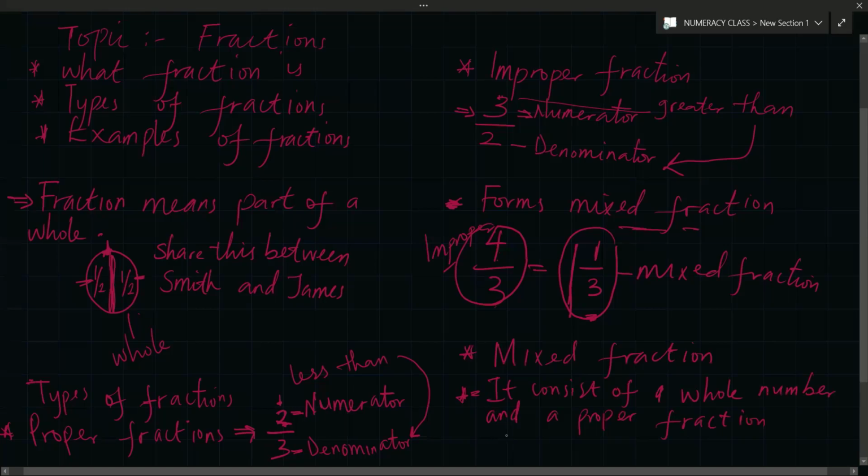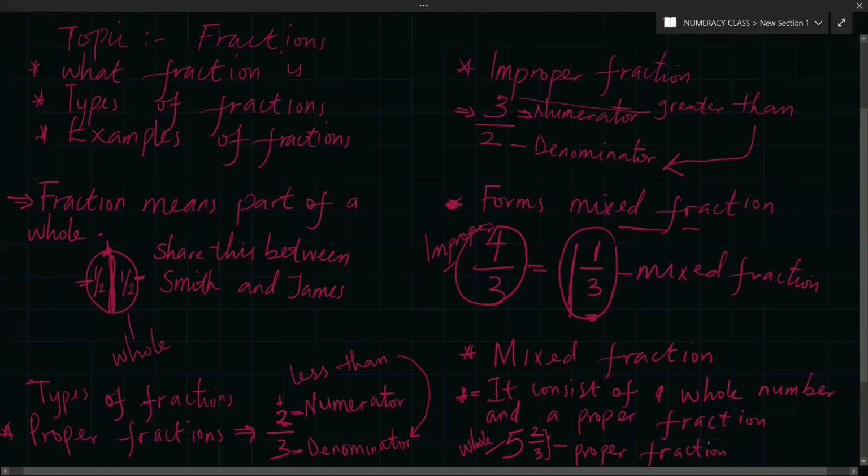For example, if you have 5 whole number, 2 out of 3, this is the whole number, and this one here, 2 out of 3, is the proper fraction.